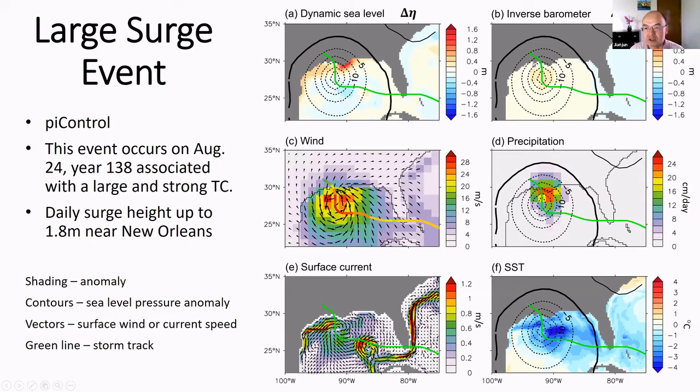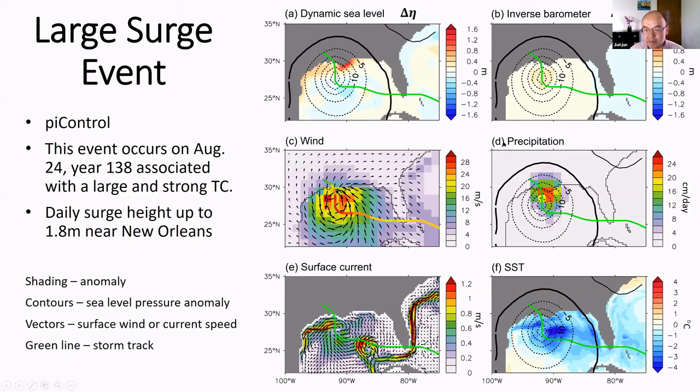B shows the inverse barometer effect delta B, and the total daily sea level anomaly is the sum of delta eta and delta B. Panel C shows the storm wind, and this line is the storm track. Different colors indicate different strengths of the storm at different times.